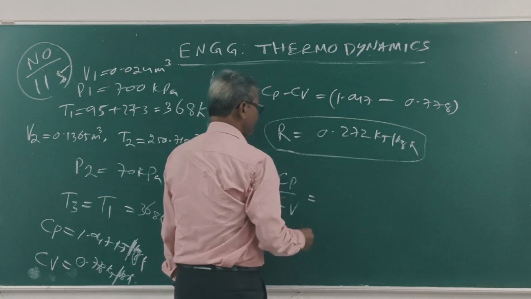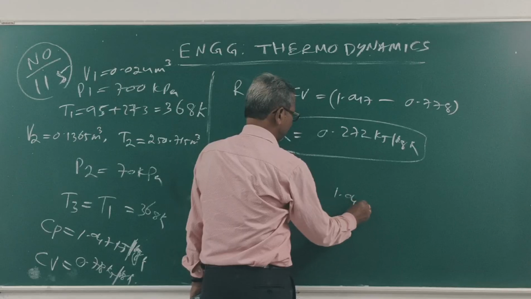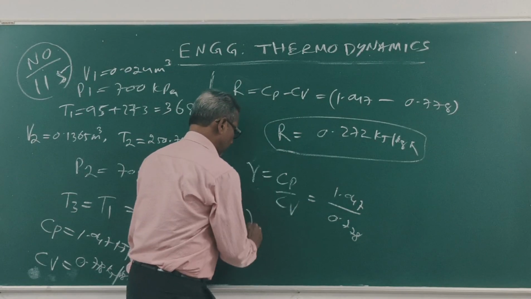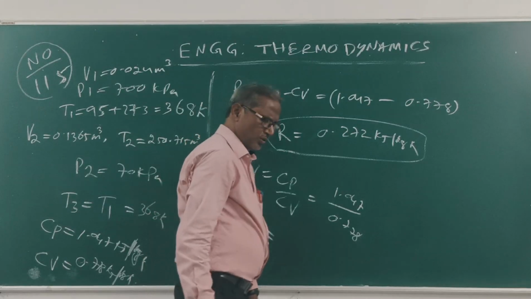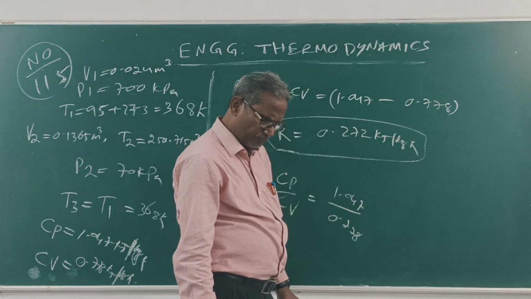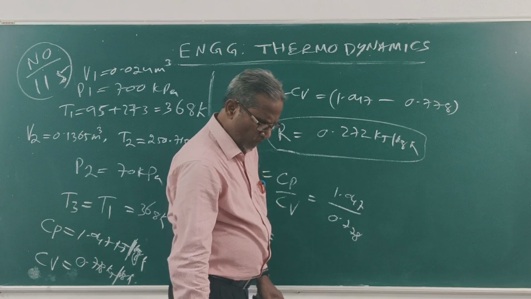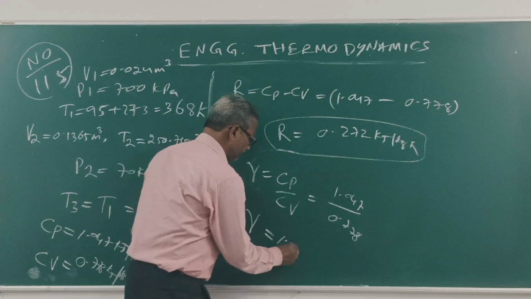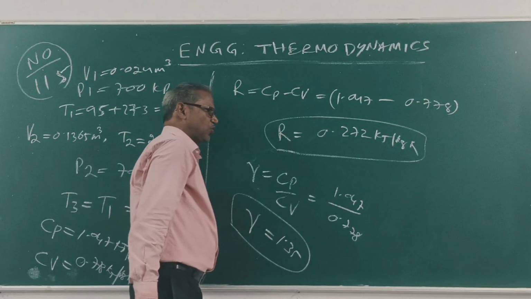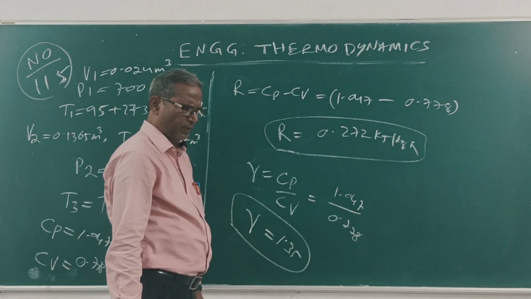Cp means 1.047 by 0.778. So gamma is equal to 1.35. Clear? R 0.272, gamma 1.35.